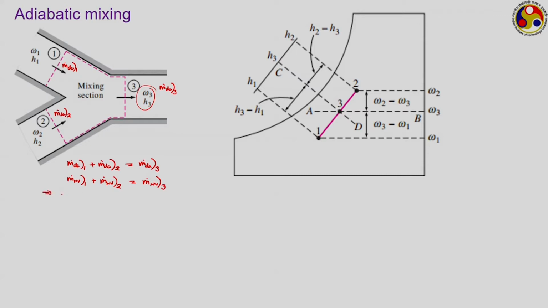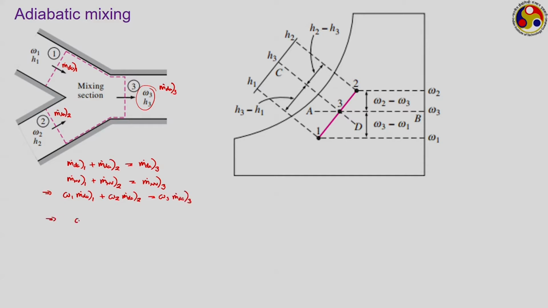Then from there we can write for the first part: omega 1 into m dot dry air for 1 plus omega 2 into m dot dry air for 2 is equal to omega 3 into m dot dry air for 3.